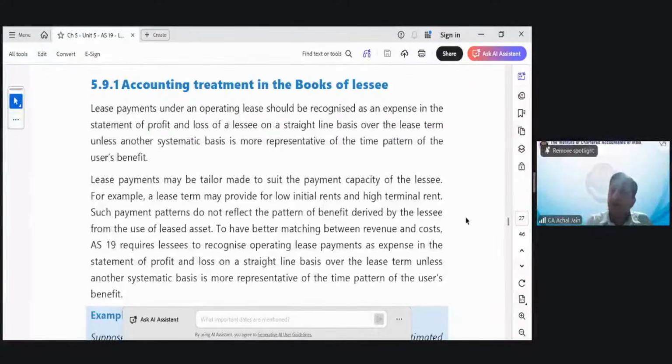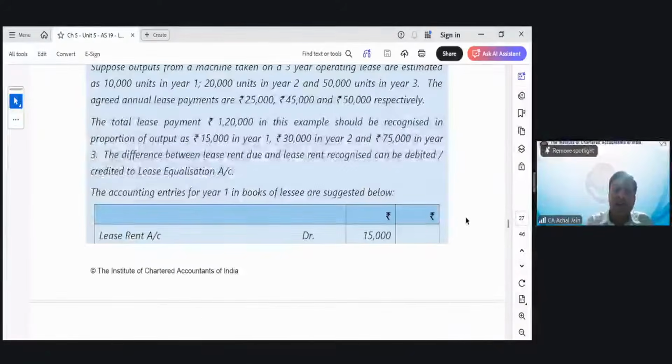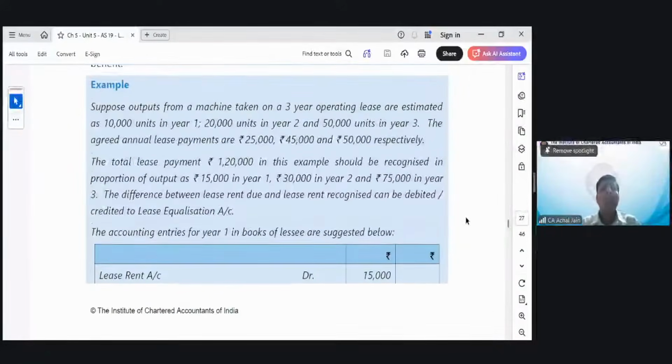So let's look at one example now. Suppose outputs from a machine taken on a 3-year operating lease are estimated as 10,000 units in year 1, 20,000 units in year 2, and 50,000 units in year 3. That's the output. The agreed annual lease payments are 25,000, 45,000, and 50,000 respectively.